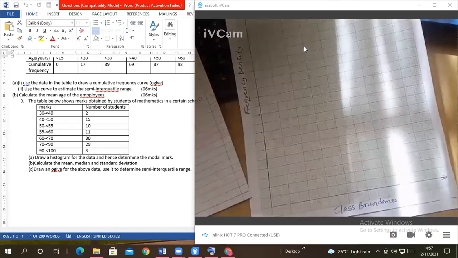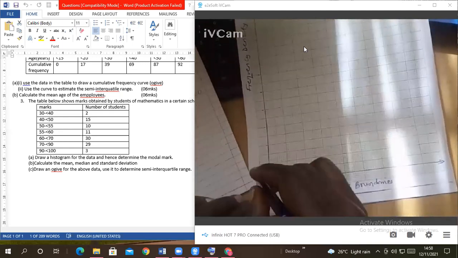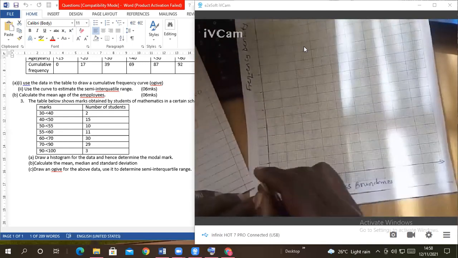Now you can use your appropriate scale, which fits for you. For me, I'm considering 10 small squares equal to 0.4 units. So 5 small squares is 0.2 units.